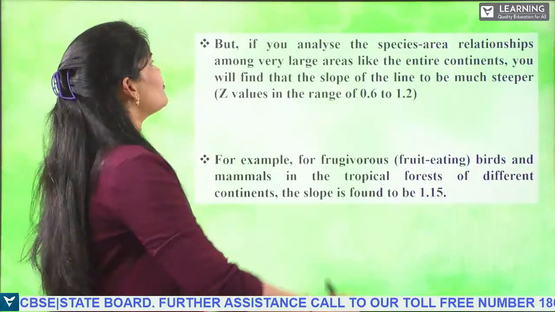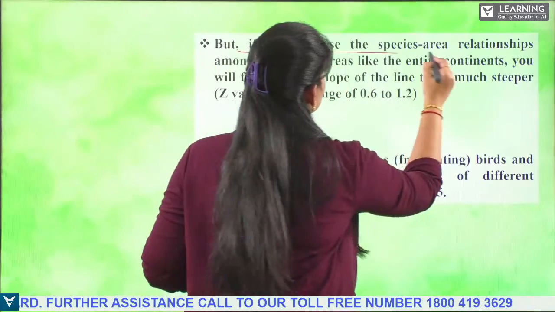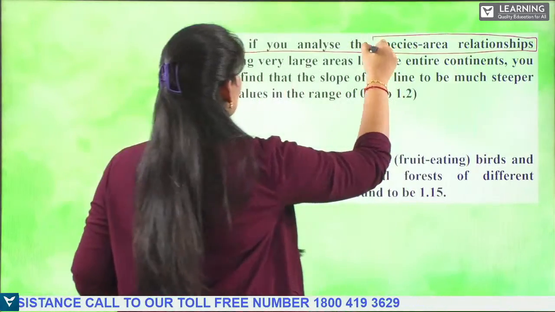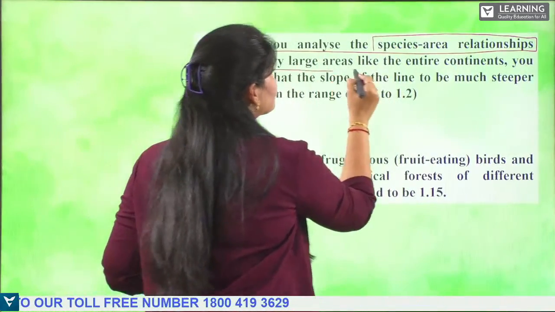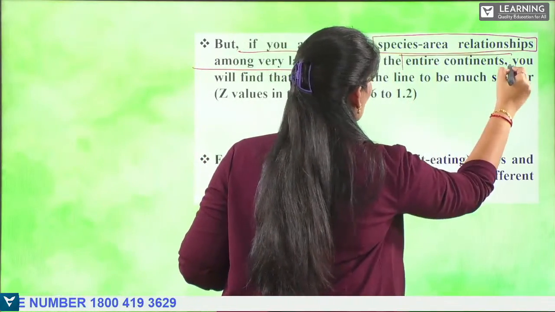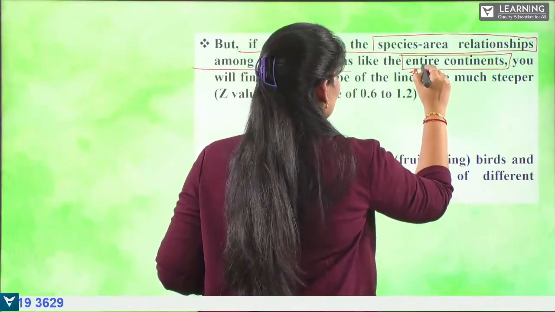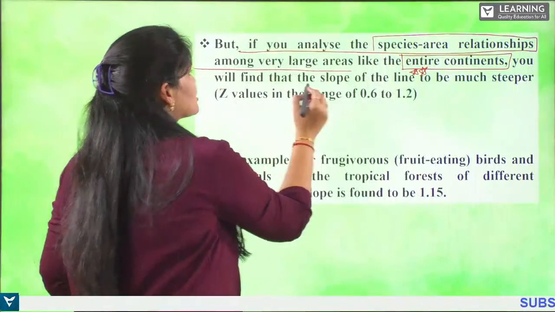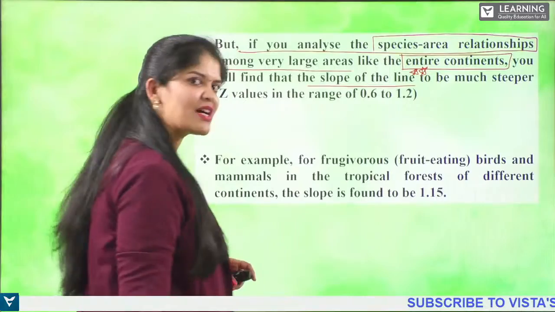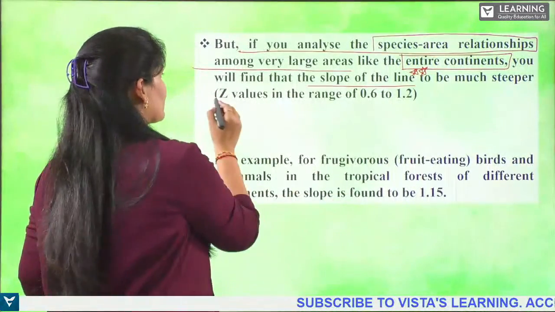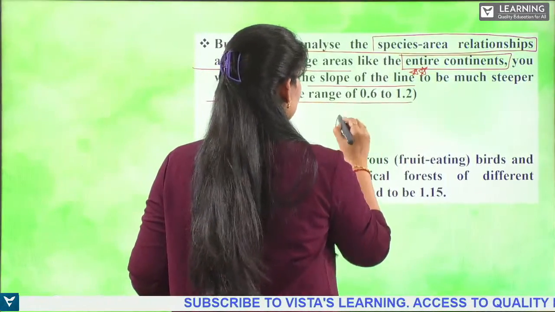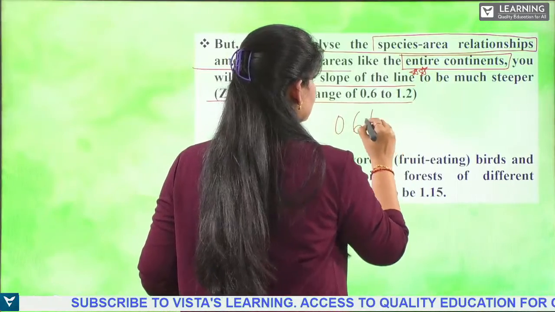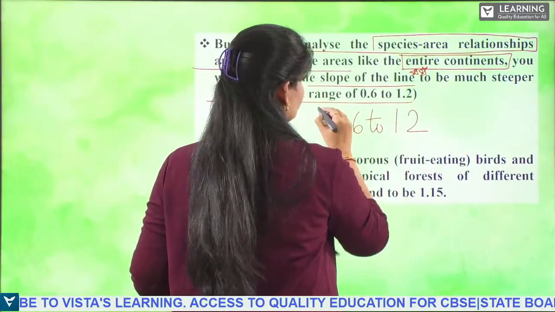But if you analyze the species-area relationship among very large areas, that is, an entire continent, you will find the slope of the line is much steeper, and the range falls between 0.6 and 1.2.